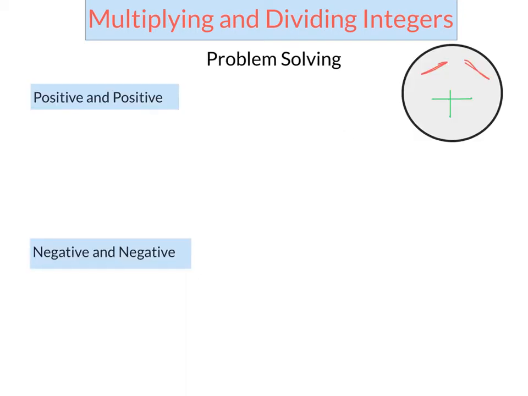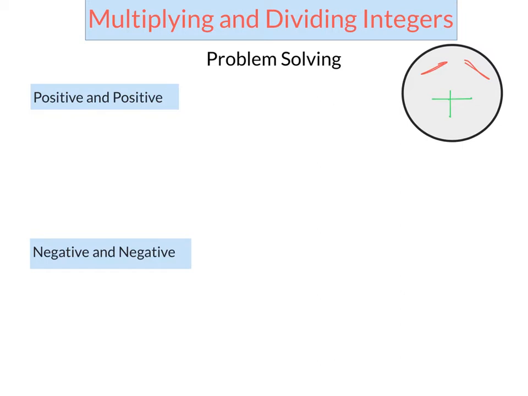To start our problem-solving section, we're going to look at 2 scenarios: when you have positive multiplying or dividing, and negative multiplying or dividing. If you look up at the top, I have drawn Dozy Man for you, and we're going to use him to practice. Let's start with positive and positive. These are what we learned when we started learning multiplication and division.